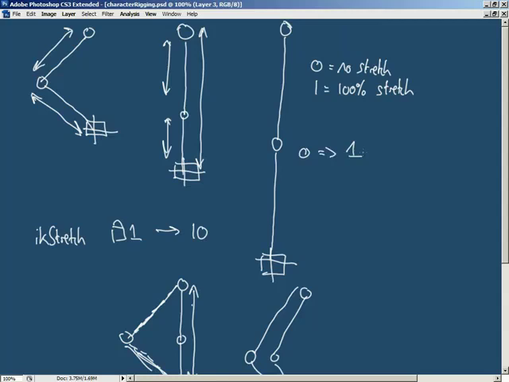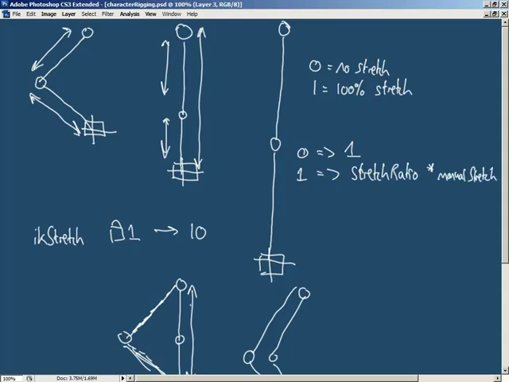No stretching taking place. However, with a value of 1 on that parameter, we want to have our stretch ratio, that is the automated stretch ratio of how much do I need to stretch based on the position of the end effector, multiplied by the manual stretch for our current bones. So if we take our stretch ratio, multiply it by that manual stretch, that is the IK stretch for our current bone, that is going to give us the value that we want to multiply by our initial bone length when we have 100% stretch.